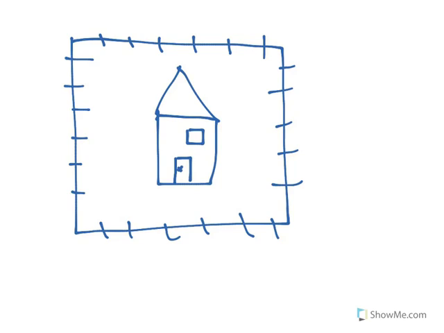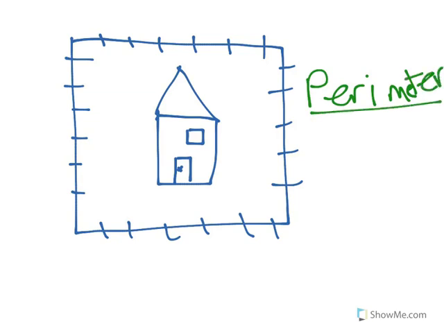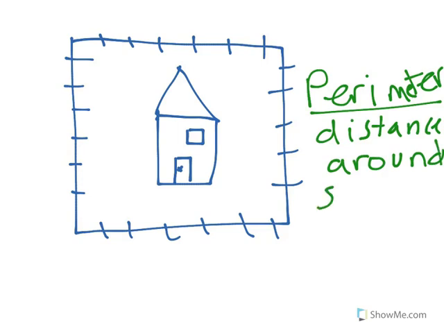That fence is the perimeter. So a perimeter, if I can spell it right, perimeter is the distance around something.